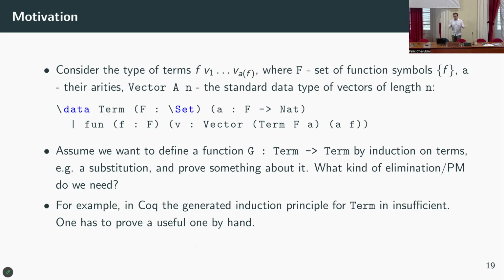The example where it's very useful is if we consider data for terms. Assume we have some functional symbols applied to some arguments, and we have arrays of these functional symbols. Then, if we try to describe it as an inductive type which uses vectors for arguments, we run into certain problems with elimination.